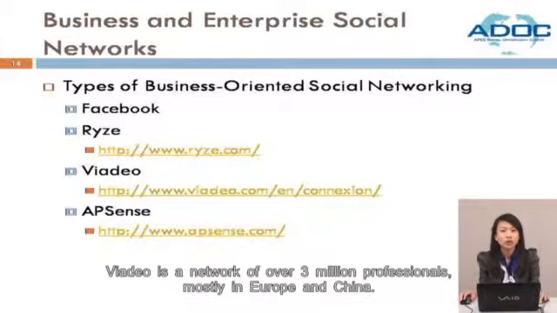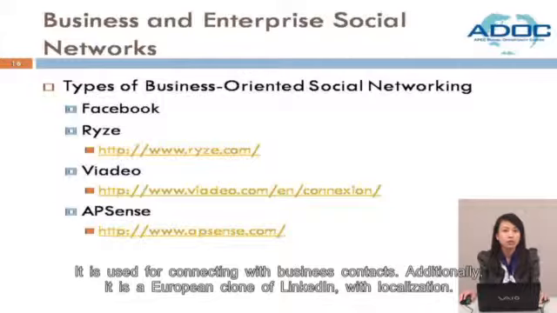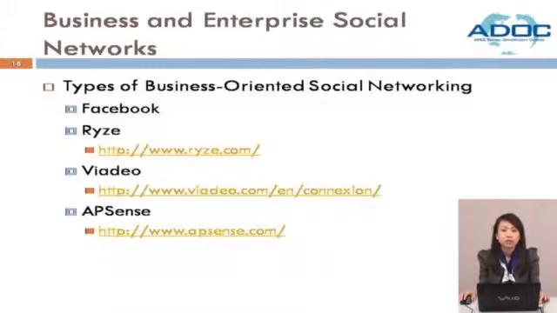The third one is Viadeo. Viadeo is a network of over 3 million professionals, mostly in Europe and China. It is used for connecting with business contacts. Additionally, it is a European clone of LinkedIn with localization. The final one is AppSense.